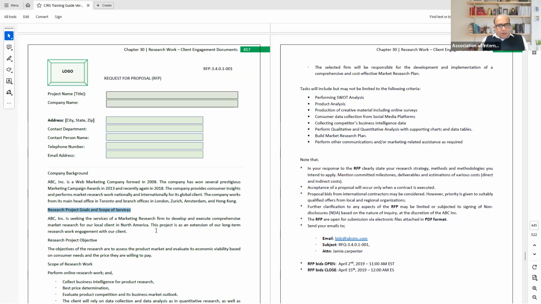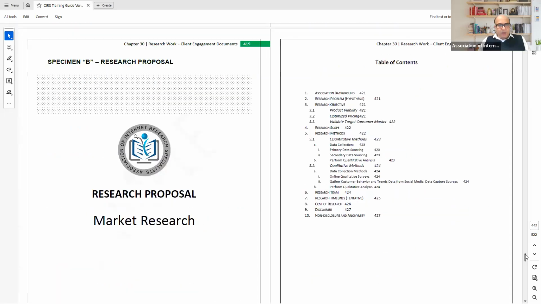This project is an extension of our long-term research work engagement with our client. So basically, it is somebody who's subcontracting or wants you to work with them for their client. Then you've got the research project objective, which is what we want to be very careful about when reading it.